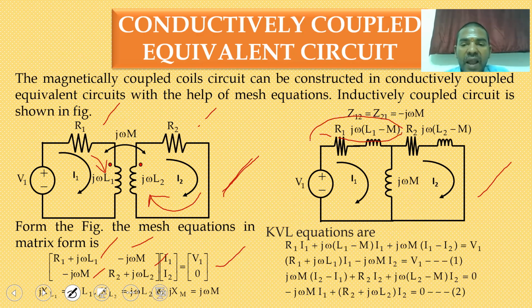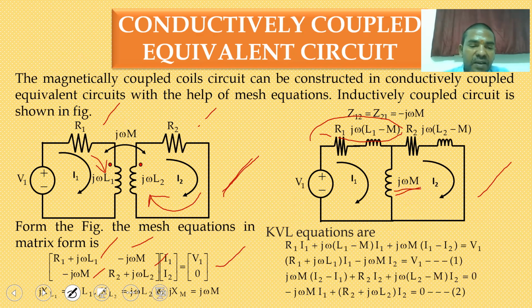R and L are connected in series, so two impedances are connected in series, Z1 plus Z2. Finally you get R1 plus j omega (L1 minus M). Then the intermediate value is minus j omega M, so I am representing j omega M between loop 1 and loop 2.